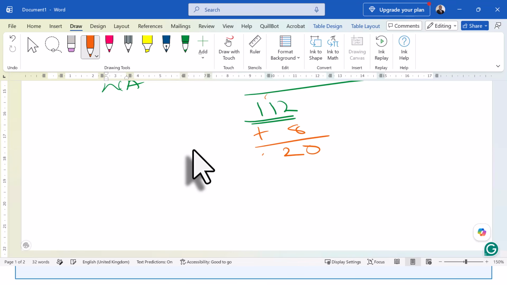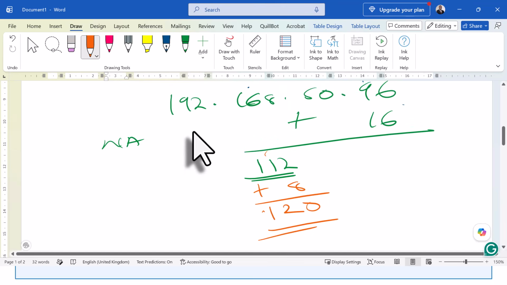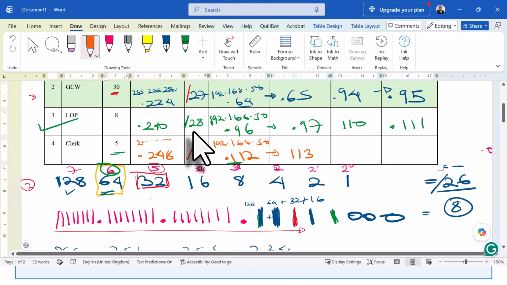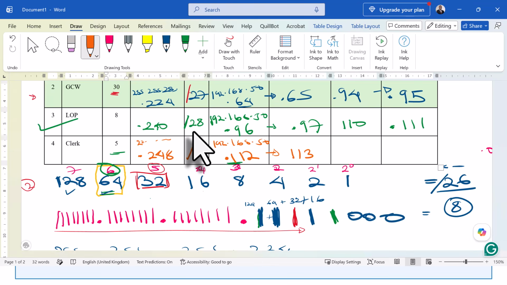So I'll have carry 1, this is 2, so it will be 120, isn't it? So my next network address will be 120. If it is 120, I subtract 1. So here I will have .119. And if you add 8 onto this, you'll get 119. And then my last valid will be 118.